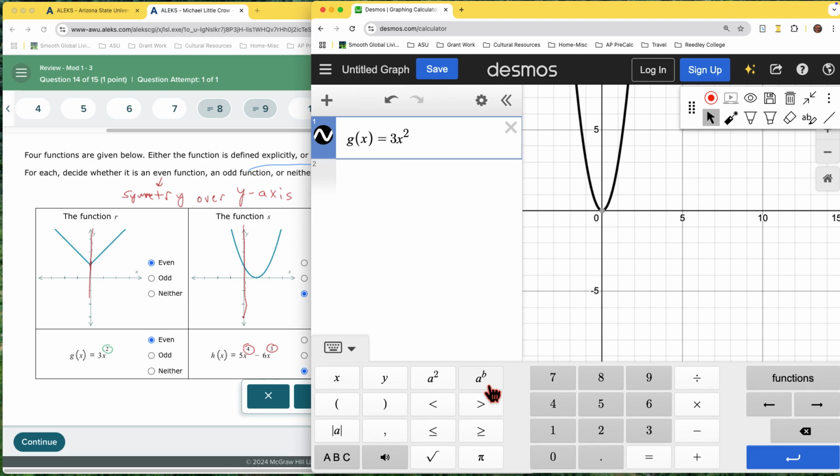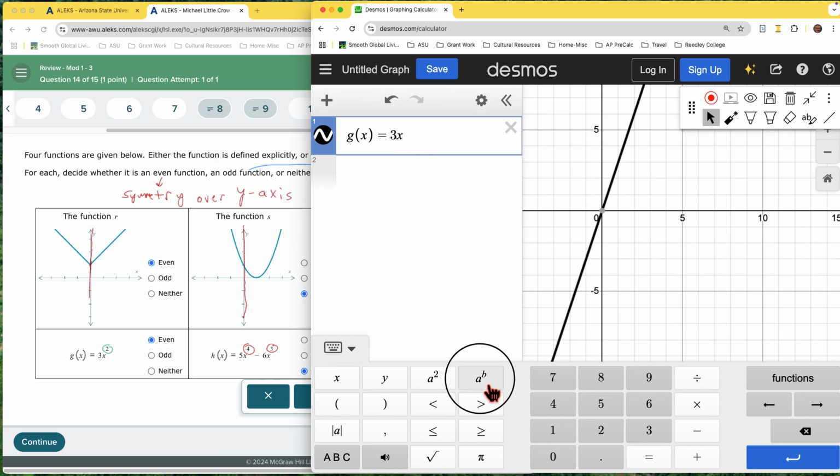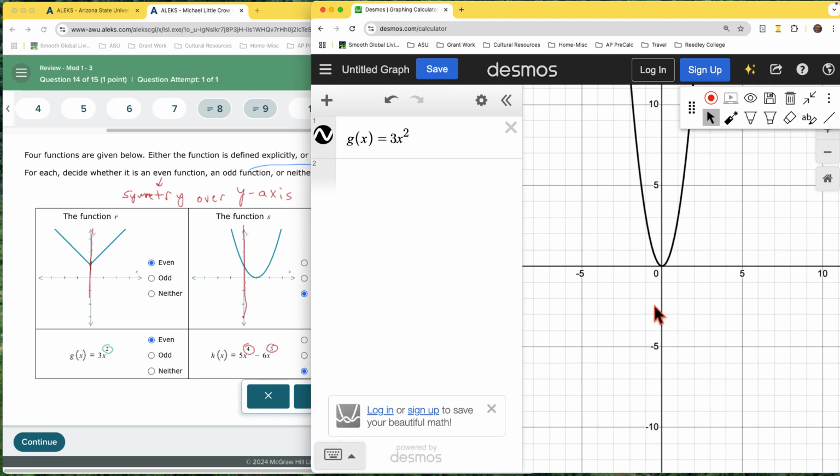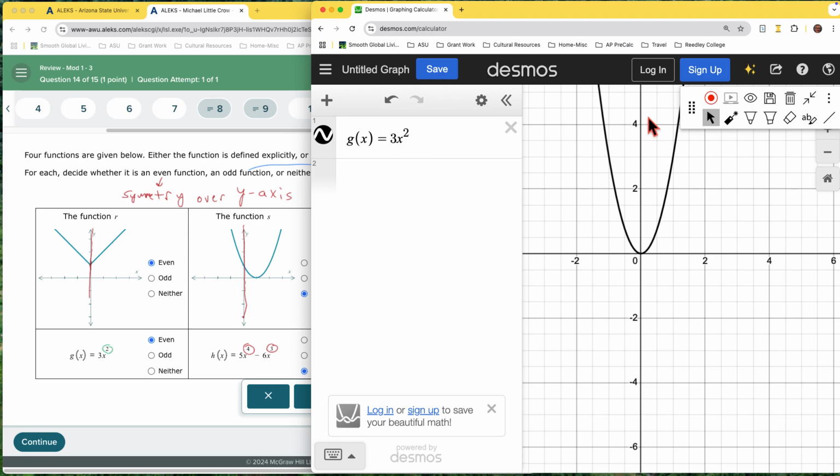Otherwise, you could use this button here, right? So this is x, and then if you click this, this gives you the exponent key, and we do the squared. And we see, we might zoom out a little bit or zoom in. We do have this symmetry around the y-axis. Okay, so that's working. So it does validate our function here.